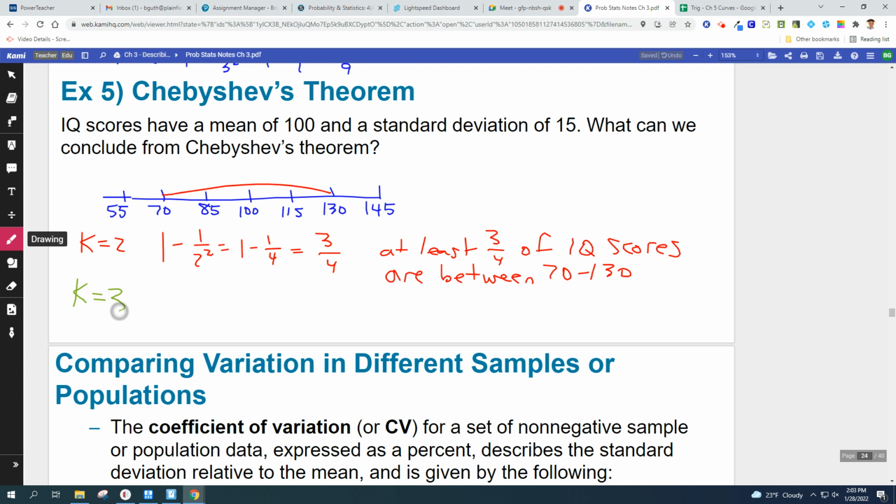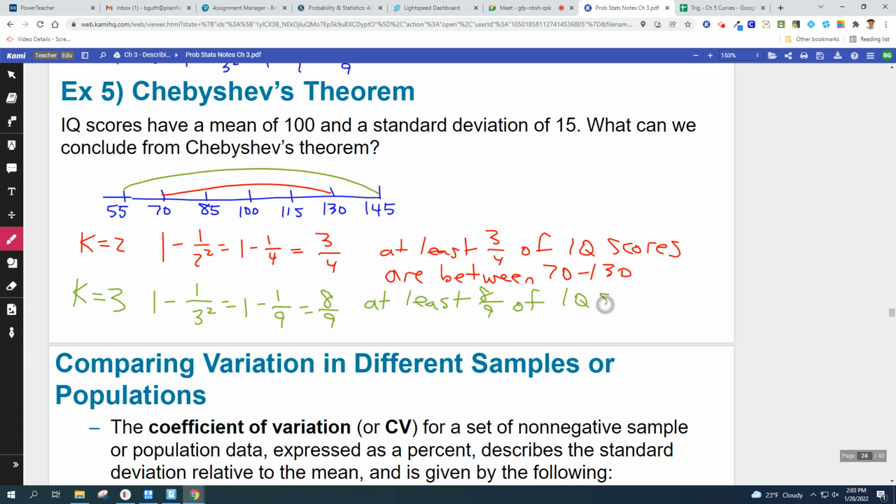For k equals 3, k equals 3 is talking about 3 standard deviations away from the mean. 1 minus 1 over 3 squared is 1 minus 1/9, or 8/9. Chebyshev says at least 8/9 of the IQ scores are between 55 and 145. That's Chebyshev's.